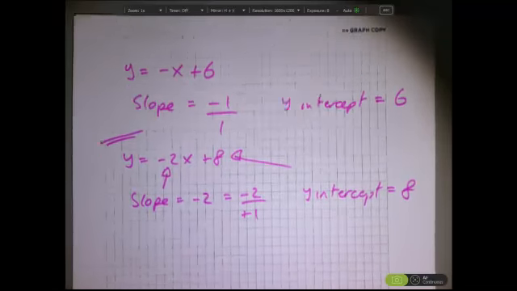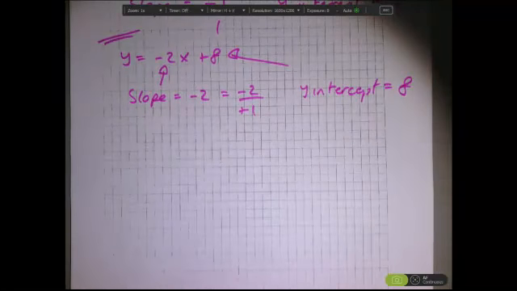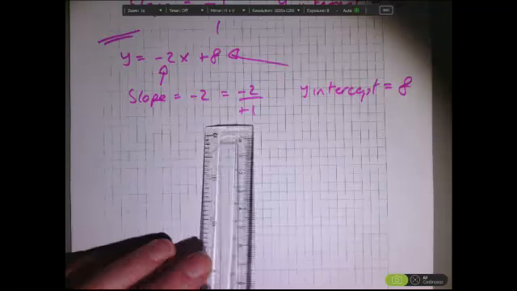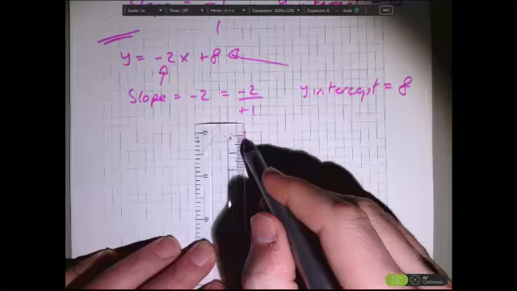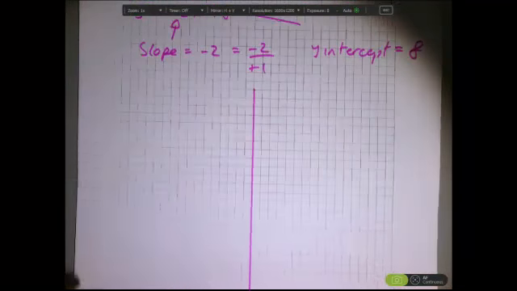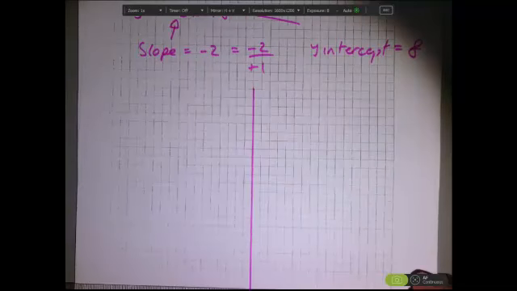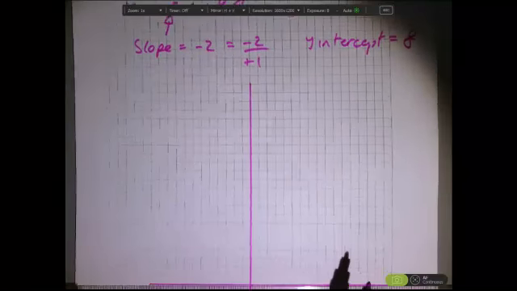Now that I've got these couple of pieces of information, I can start to sketch things out and I can start to draw them. So I'm going to draw myself a y-axis and an x-axis.